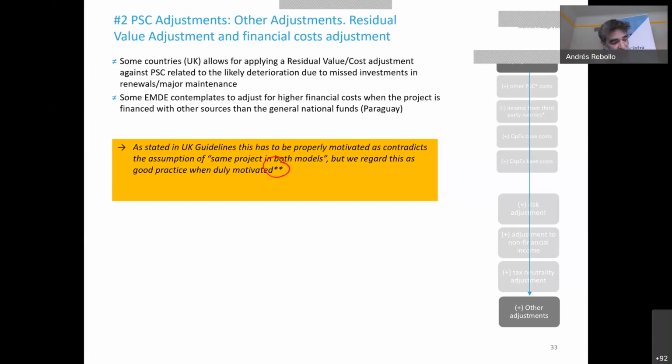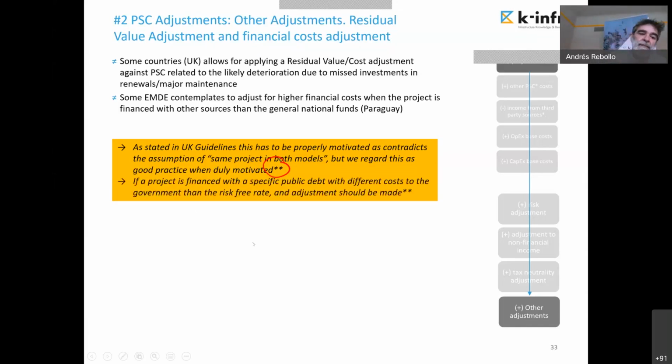When I have very clear reasons that this will happen, remember that if I finally do it as a conventional contract, I will not be able to meet the same plans for renewals, reinvestments, and major maintenance that the PPP partner will do. So that will create an exponential deterioration that I will have to pay for at the end. Okay, so that is another possible adjustment to the PSC.